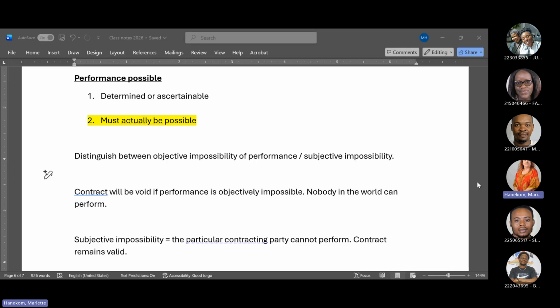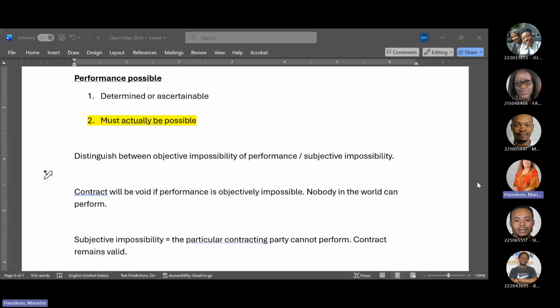A contract asking them to score 500 tries in the course of a standard season is not attainable. That's the point that I'm trying to make: the difference between objective impossibility of performance and subjective impossibility of performance.